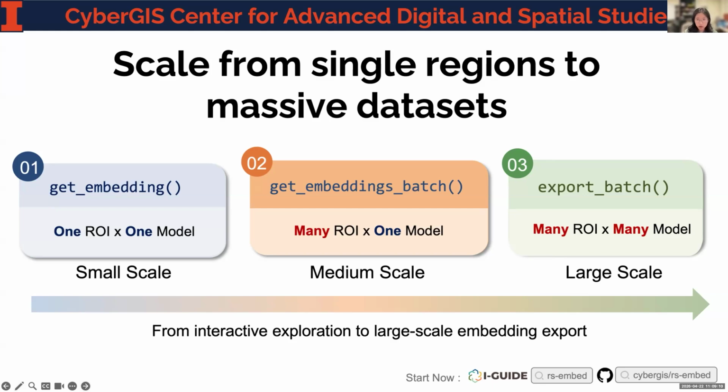So the workflow evolves from interactive exploration to large-scale embedding exports while keeping the interface consistent. Of course, we have also optimized the efficiency of large-scale acquisitions. By leveraging threading and GPU parallelism, we have minimized the waiting time for users as much as possible.